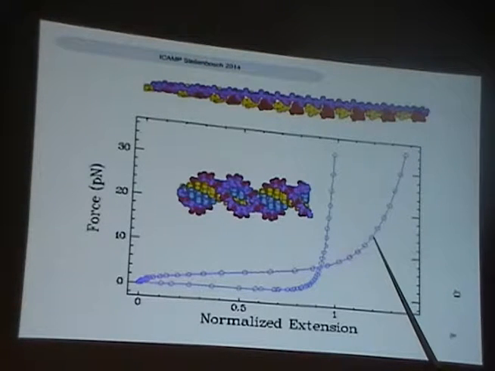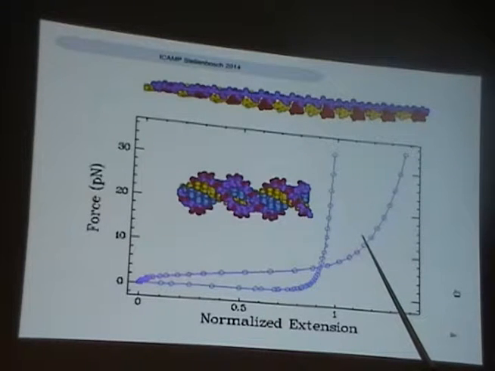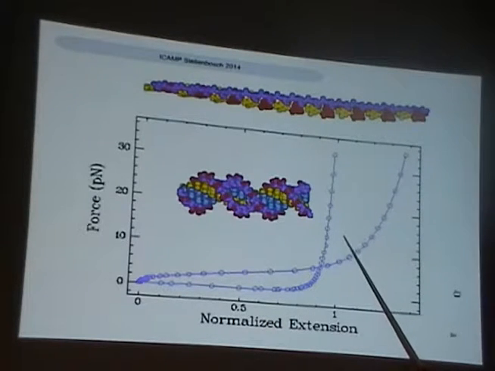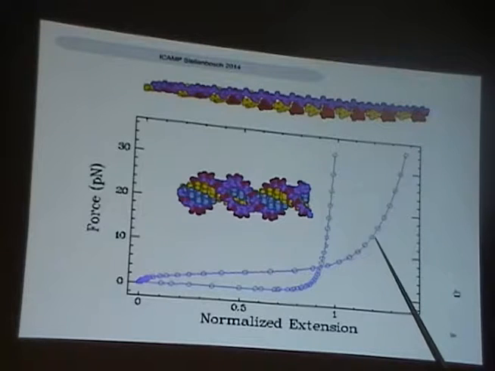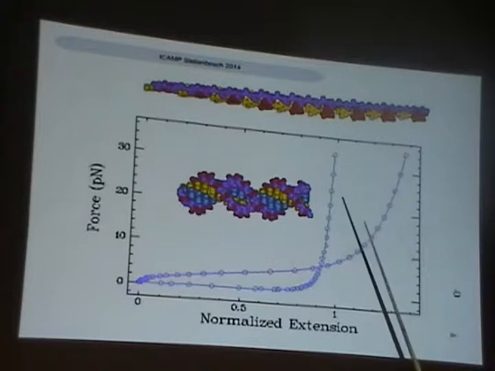It will have some given extension. Then your polymerase is going to bind this molecule, is going to copy it, and so transform it into double-strand DNA. By doing so, you are going to move along this line at constant force, and when all the DNA will be copied, you will get to that point. It means that the activity of the enzyme will result in a change in time of the extension of the polymer that you are stretching.